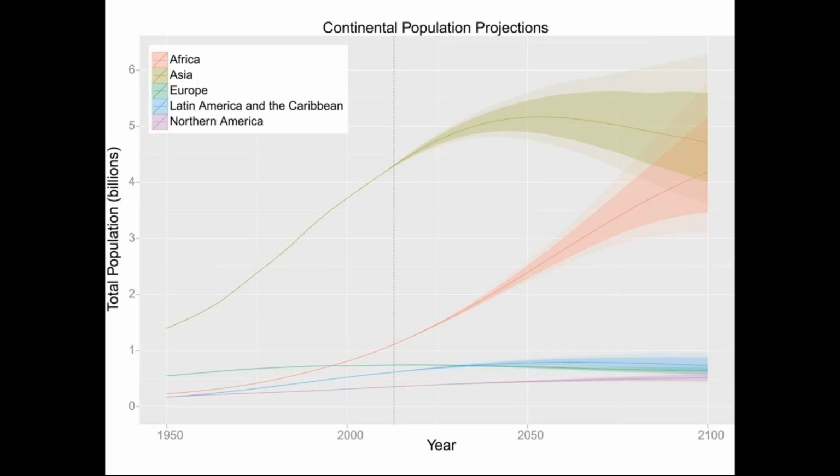So now look at 2050 on the red line, and you can see that there's a 95% probability that Africa will have 1 billion more people in 34 years.